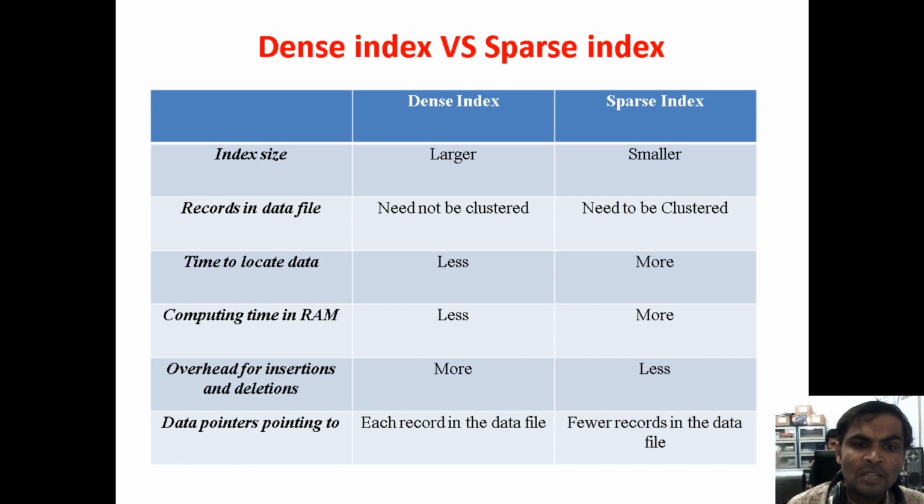Means the pointer is not pointing to all data files or all records, it is pointing to only a few records. It is very important for the 2 marks in your university theory exam.